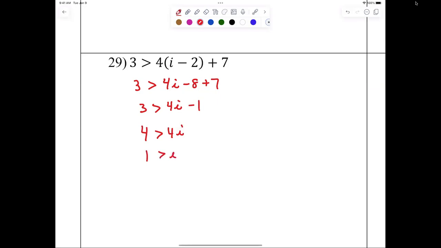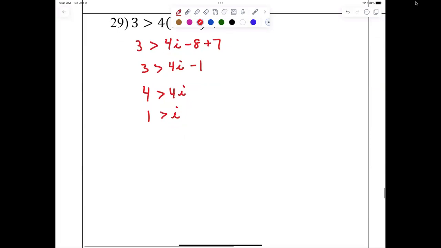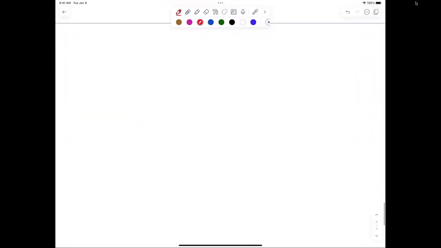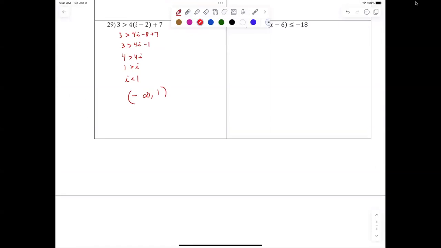Exactly. So if 1 is greater than i, that means i is less than 1. And if i is less than 1, I'm going from what? Negative infinity to 1, parentheses. All right, the end for me.